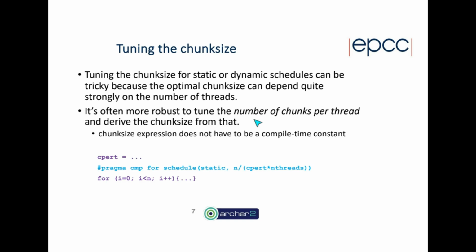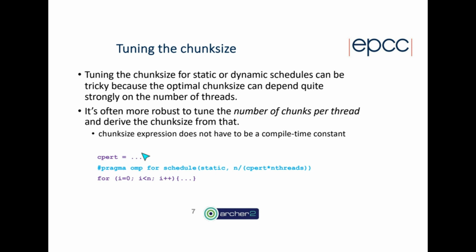So rather than tuning the chunk size directly, it's often more robust to tune the number of chunks per thread, and derive the chunk size from that. That's possible because in the schedule clause, the chunk size expression does not have to be a compile time constant. It can be a runtime evaluated expression. So you can do something like this. You could have a variable called C per T, which is supposed to stand for chunks per thread here.